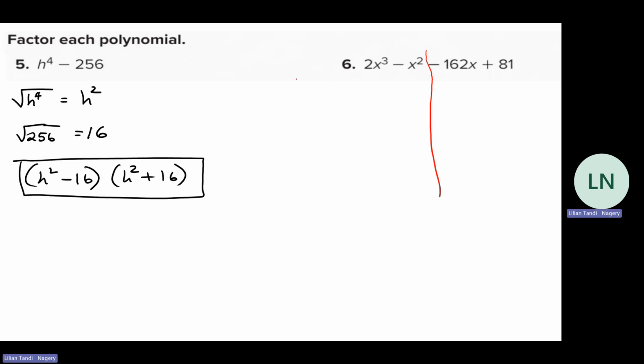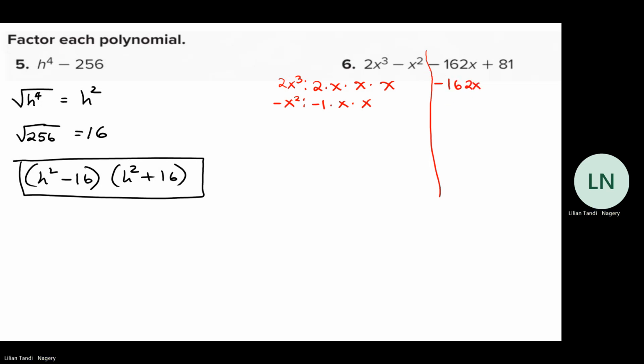And then you're going to factorize 2x cubed and negative x squared. You're going to get 2 times x times x times x. And here you're going to get negative 1 times x times x. Then you're going to do negative 162x.